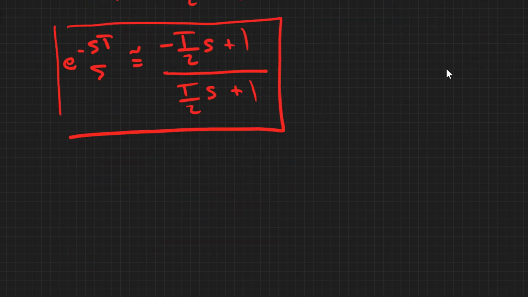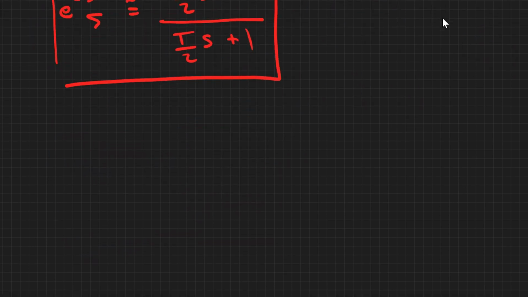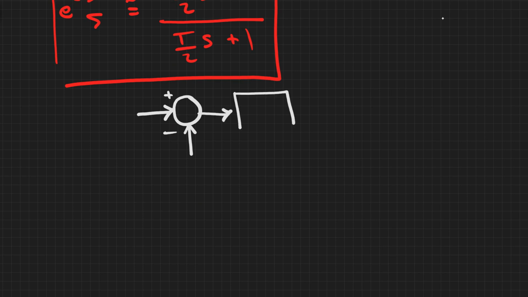So now that we have derived the expression for the Padé approximation, we just want to summarize this control design method again. As we said, the process goes as follows.